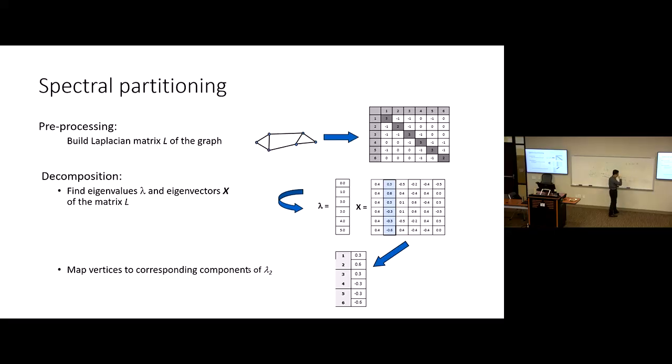Remember, for a square matrix L, we can write its eigenvector matrix V and eigenvalue matrix lambda.